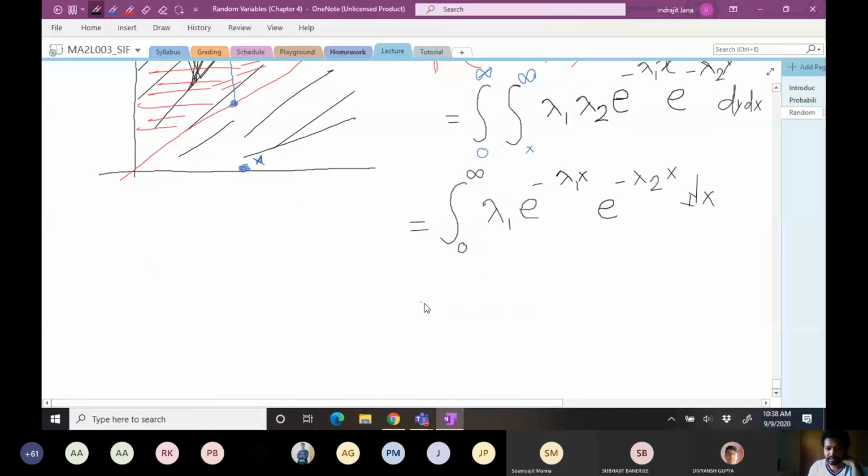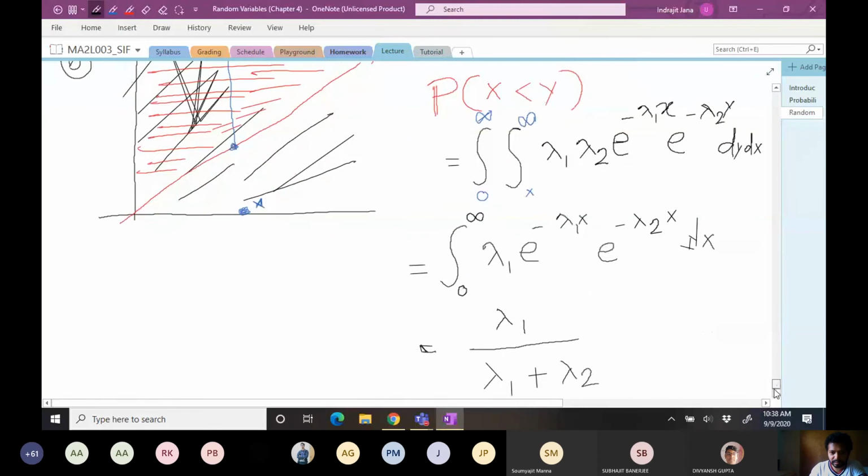Okay, so once you finish this integration, you are going to get lambda 1 divided by lambda 1 plus lambda 2. This is the probability that x is less than y.